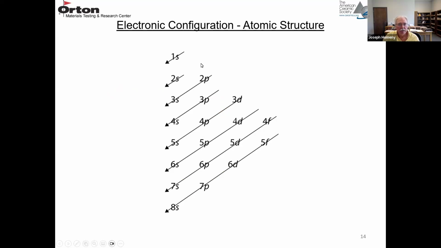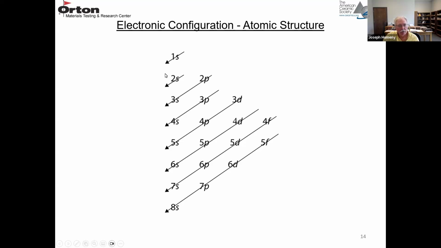So the way these shells are filled, we have 1s all the way up to 8s, 2p to 7p, 3d to 6d, and 4f to 5f. So 1s is filled first, 2 electrons, and then 2s is filled next, 2 electrons. Then we start with 2p, that's 6 electrons, and then back to 3s.